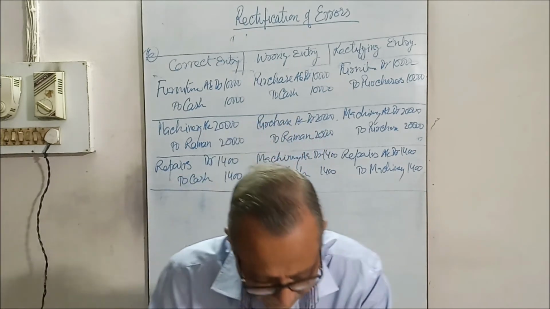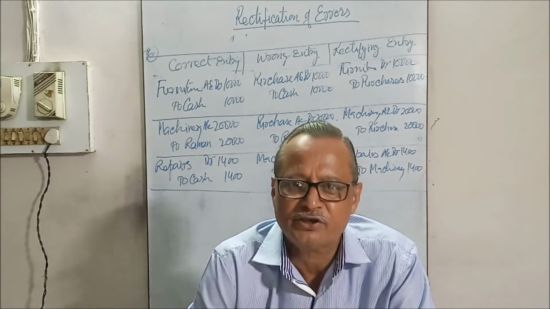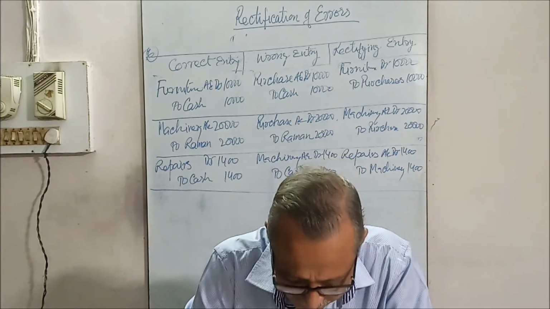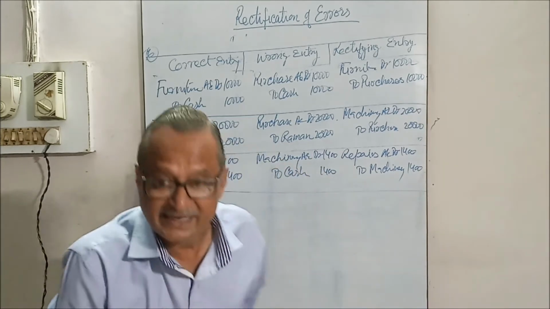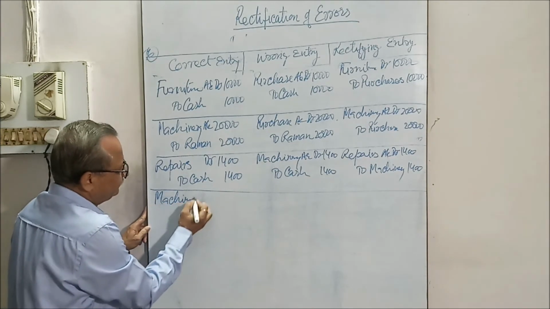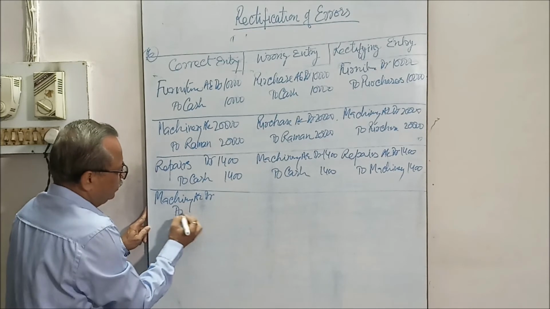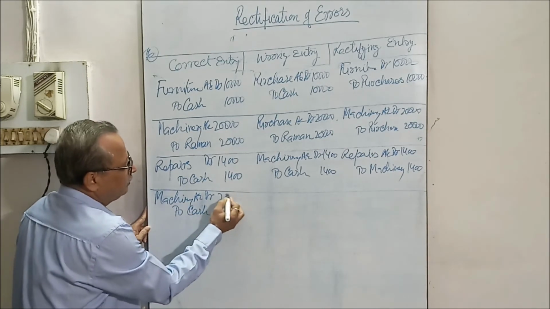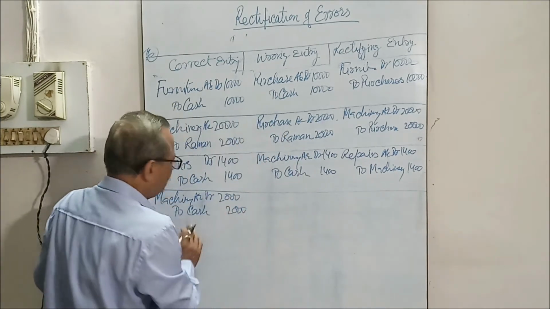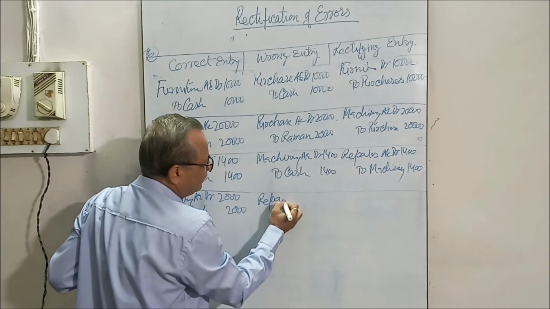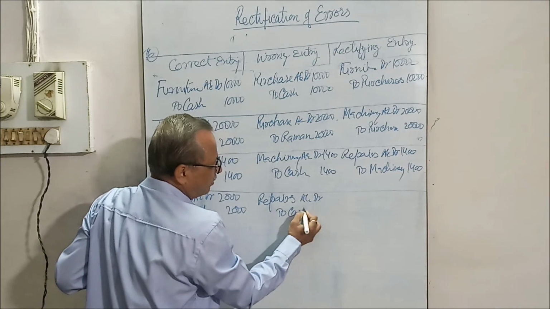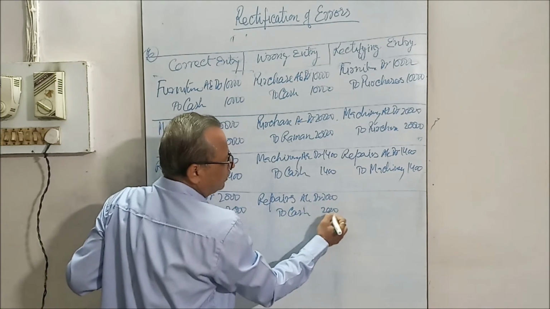Now the next question is repairs or overhauling of second-hand machinery. This is capital expenditure because it will extend the life and capacity of that machinery. It was debited to repairs account. It should be machinery account debit to cash 2000, but was recorded or posted as repairs account debit to cash 2000.